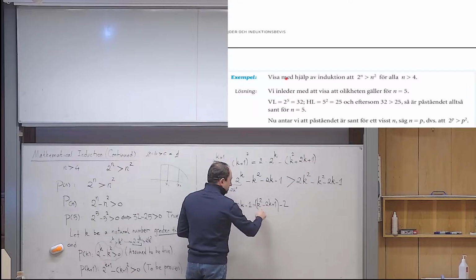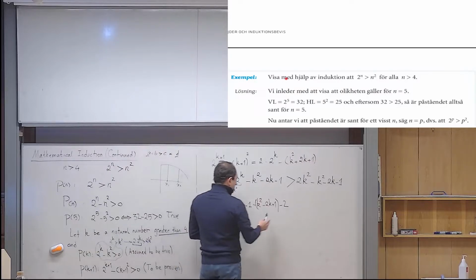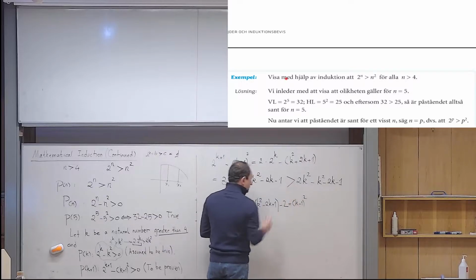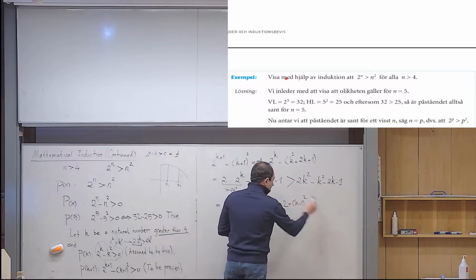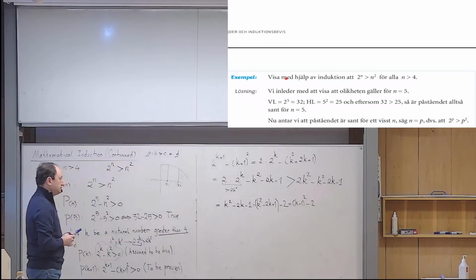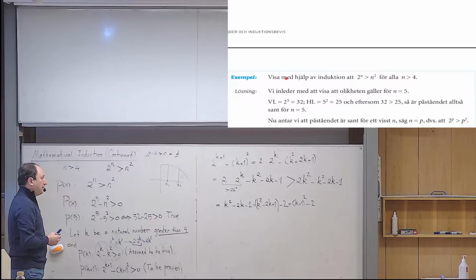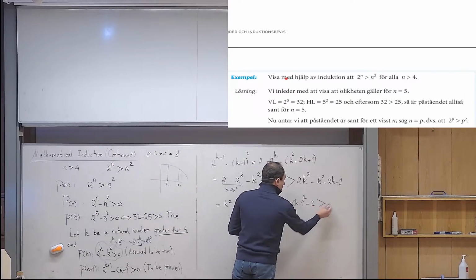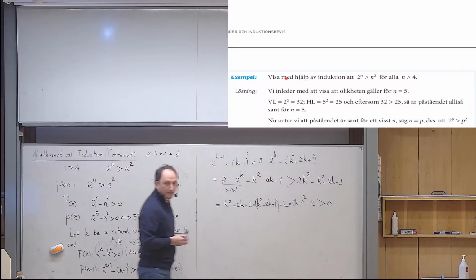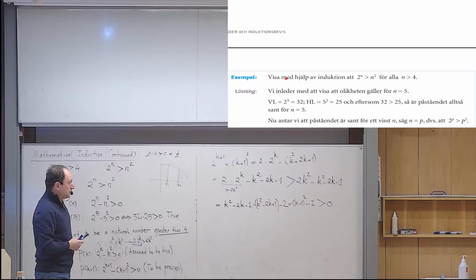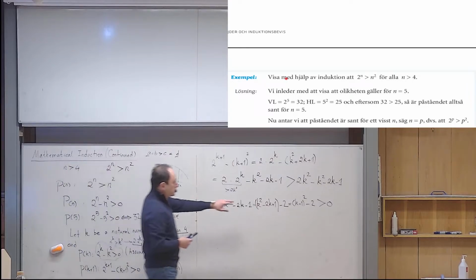You might say, why am I doing this? The answer is also clear, so you can write it as k minus 1 to the power of 2 and minus 2. But can you be certain that this is positive? k minus 1 to power 2 is non-negative.